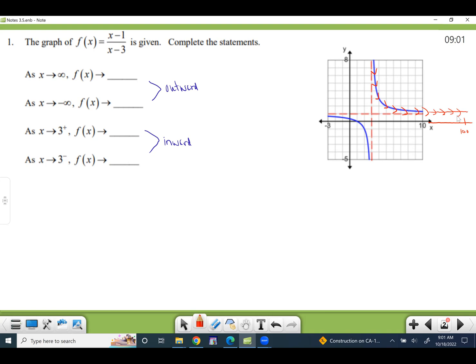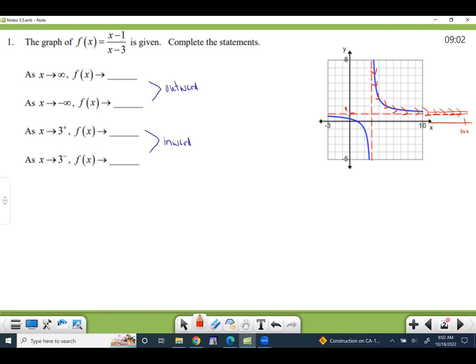Now, we already know what the x values are. That's what they're saying here, right? If x is this, if x is this, if x is this. But what you want to report out is what's the y? Because remember, f of x is y. So you want to say, okay, what's happening to the y? Well, the y value seems to be getting closer and closer to this dotted line, and this dotted line goes through 1 on the y-axis.